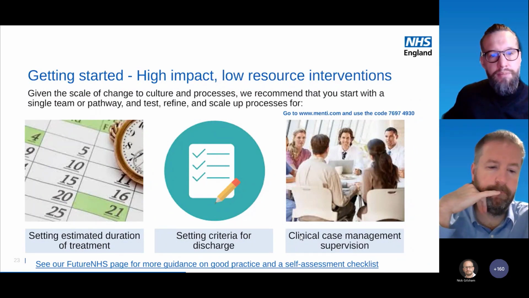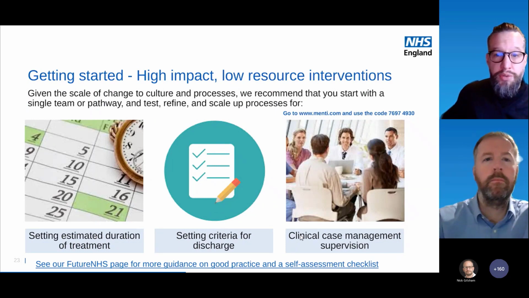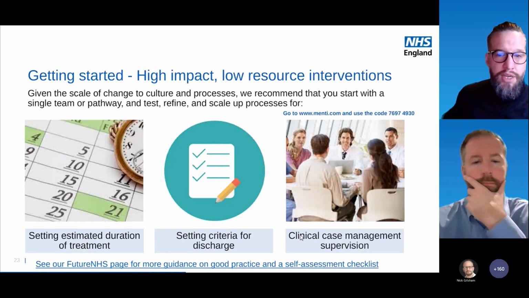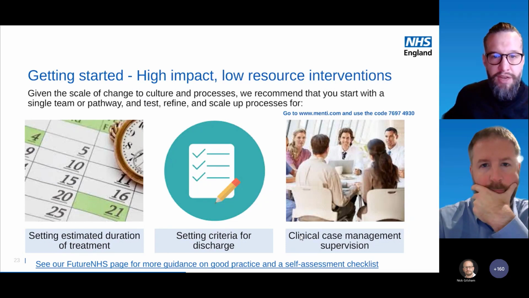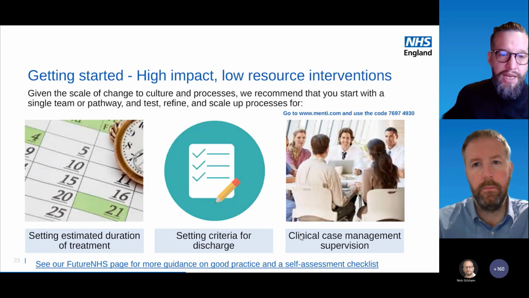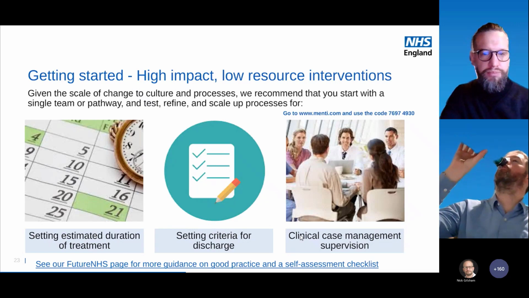For all of the approaches that we've talked about, there is a good practice self-assessment checklist that's on the Future NHS platform. So you'll see it linked to in various different slides throughout this. But if you want to quickly go through and think about where you're at with this in relation to that, that's your tool to use. Can I have the next slide, please?